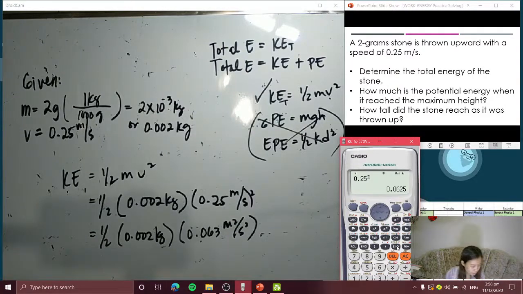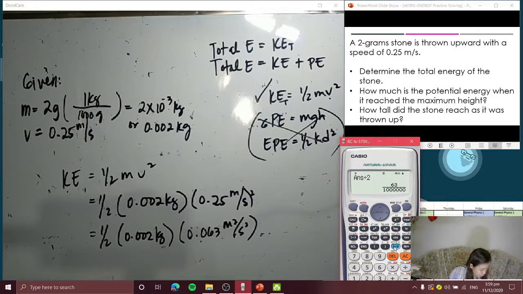Okay, so multiply ta sila nga tatlo. So we have 0.002 times 0.063. Oh, sorry. Divide pa siya natin kay 2. Divide the answer kay 2.